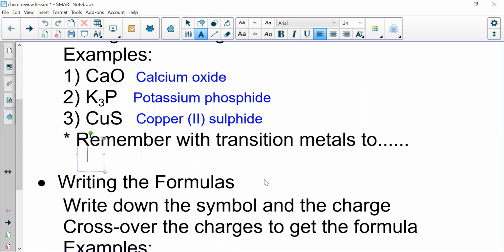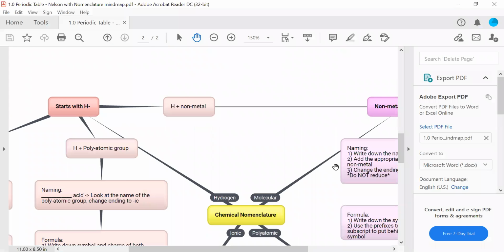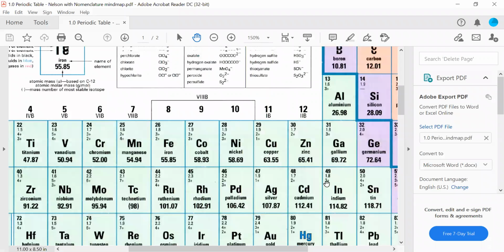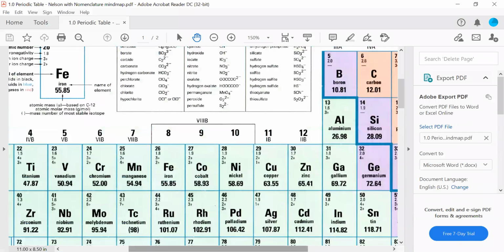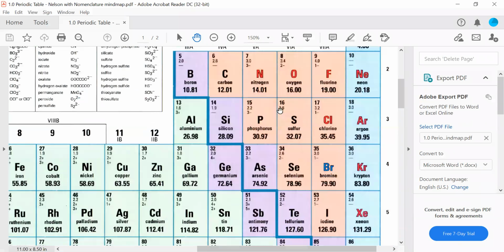Awesome. So sulfur on the periodic table. This is why you guys will need this handy, because I'm sure we don't have all of this memorized. Sulfur on the periodic table has a -2 charge, and it's just a 1-to-1 ratio in CuS. So that has to be the copper +2 to cancel out the -2. So pay attention to the charges on the non-metal.